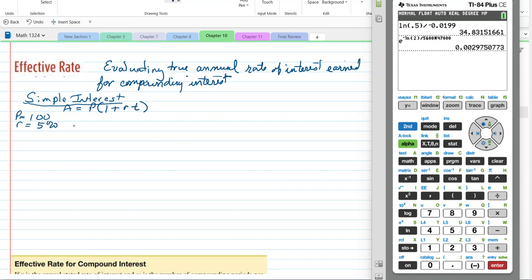So A equals 100, parenthesis 1 plus 0.05, and we're doing it times 1. So I would have on my calculator 100, parenthesis 1.05, close parenthesis and enter, and I would have $5 made.